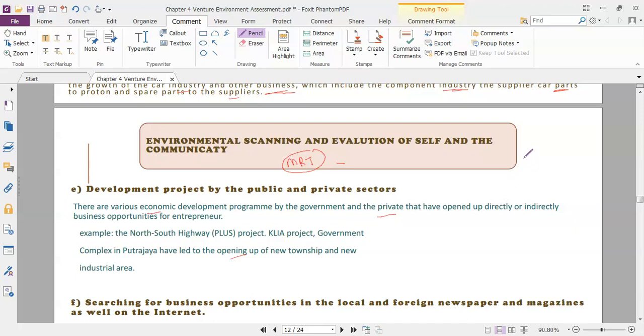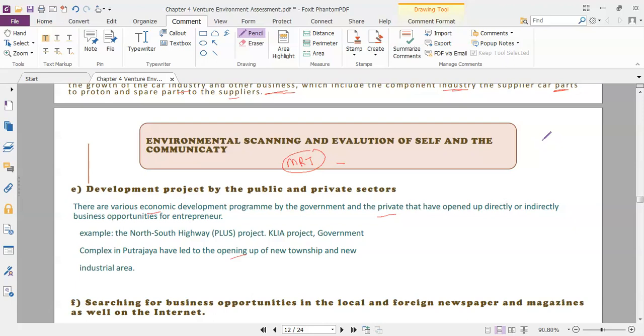For example, you want to open petrol station. Contoh nak buka kedai petrol station, for example Shell ke Petronas ke, if you have enough money.